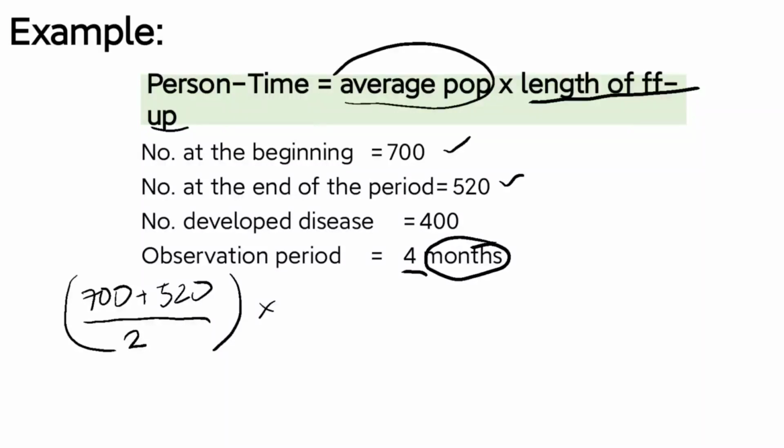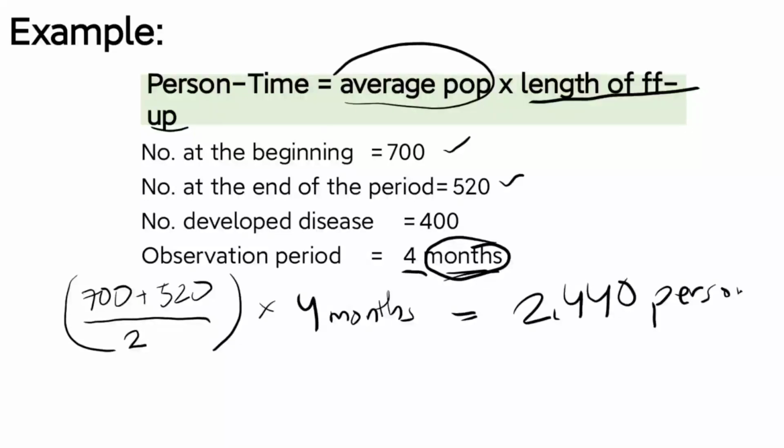So, 4. Multiply by 4. So, 4 months. Yan, sulat na natin yung kung ano yung unit niya dito. Kasi importante din yun para hindi nyo makalimutan. So, basically, the answer here is 2,440 person months.